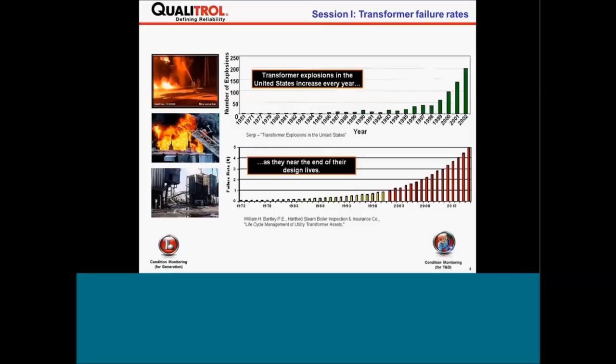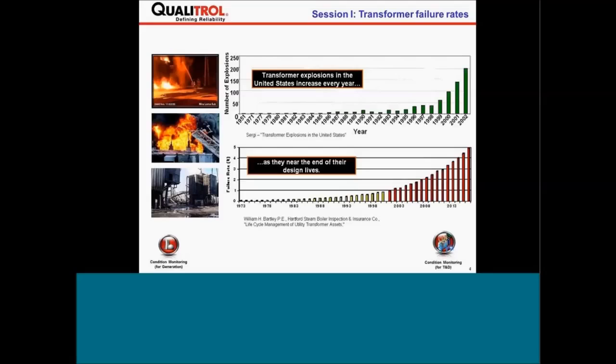The transformer failure rates have increased over the years. This is a publication by Hartford Steam Boiler Inspection and Insurance Company, talking about utility transformer assets, and it shows the number of explosions in the US is increasing.